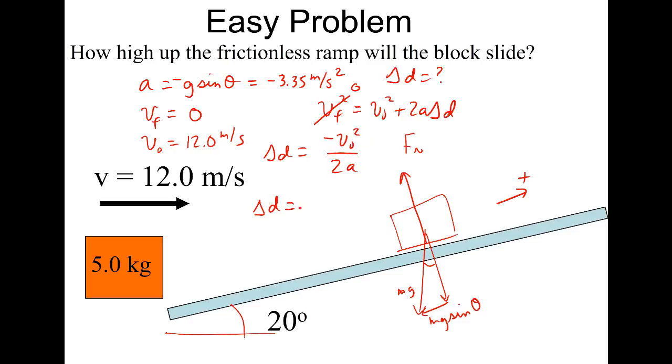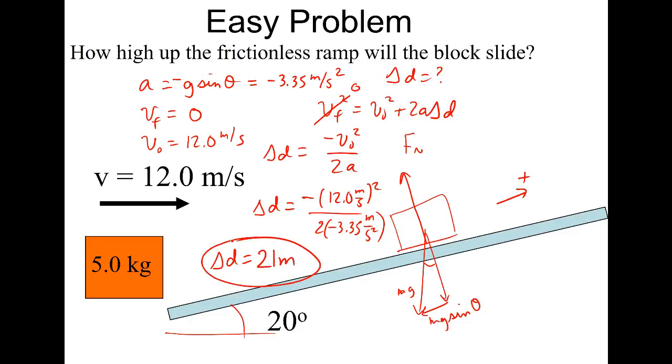So that's good because that gets rid of our negative sign and acceleration. And if we plug and chug this out, we're going to get about 21-ish meters. Okay, so that's not too bad.